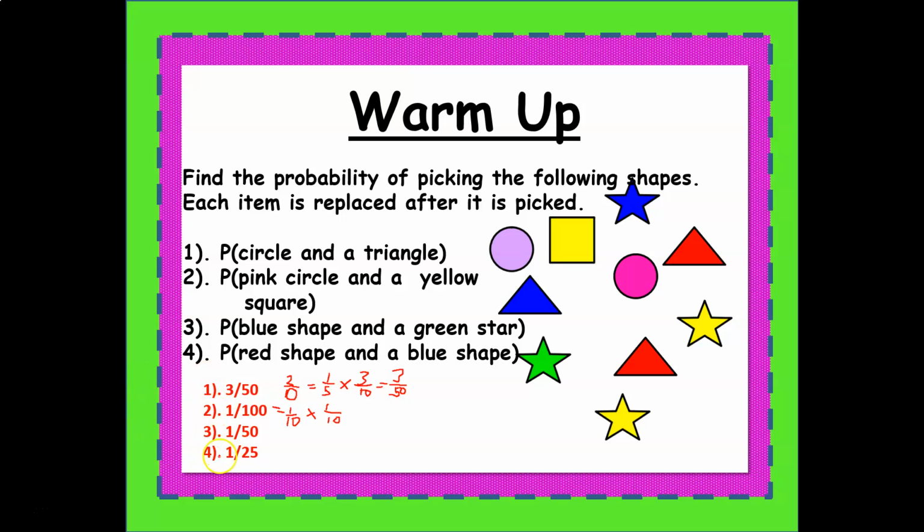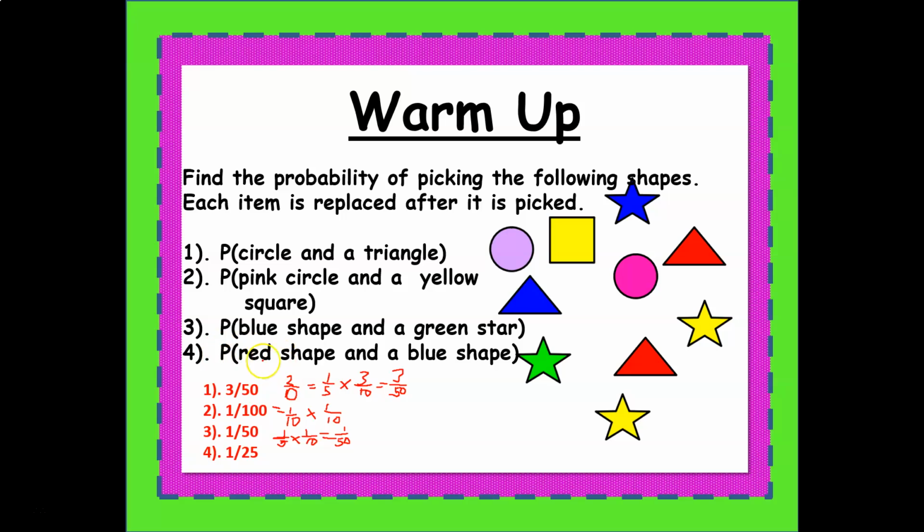Then we have number 3, which is a blue shape and a green star. So there's two blue shapes, so we would take that 1/5 again. And there's one green star, so that's 1/10. So it gives us 1/50.